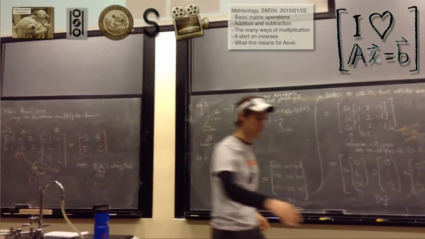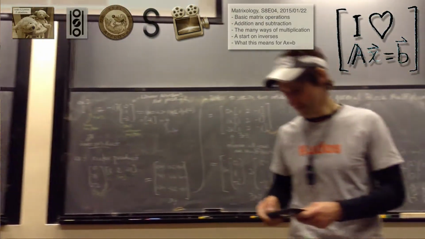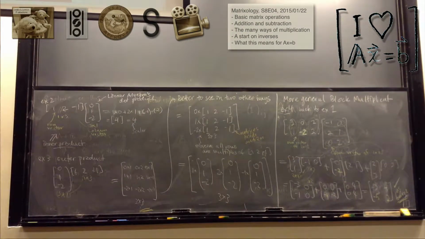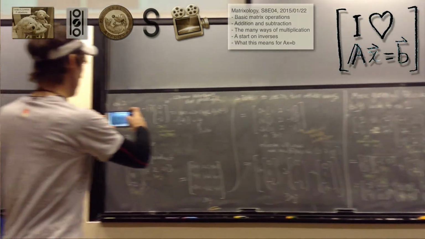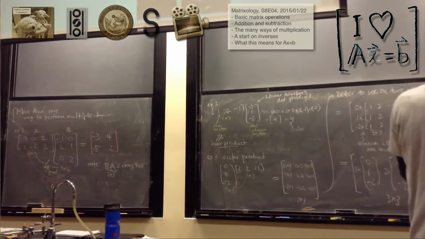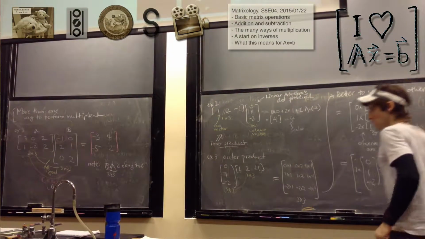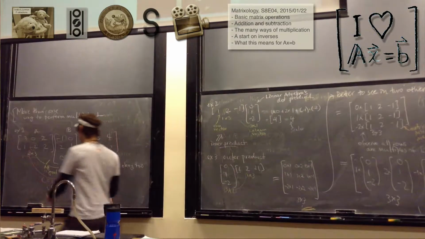Okay, let me just show you 2 more pieces which we'll go over and over again. And then I'm going to start on inverses. Let's start on some inverses. Okay.